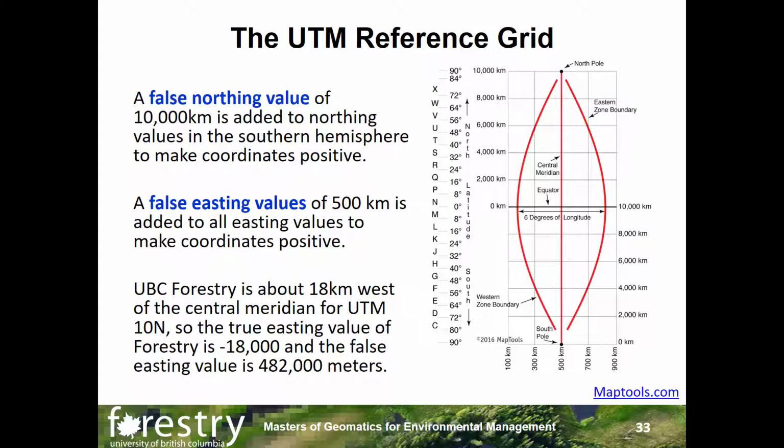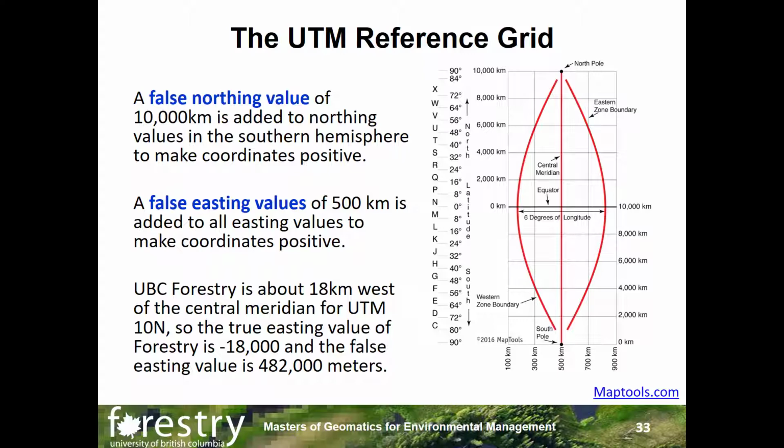The building is also about 5,480 kilometers north of the equator, so our false northing value is 5,480,000 meters. And that comes from the fact that we are that many meters north of the equator.